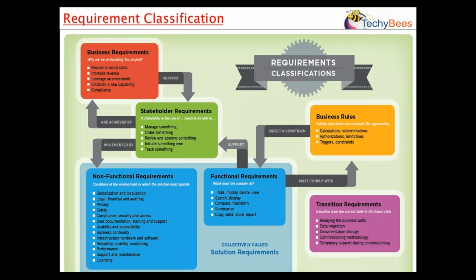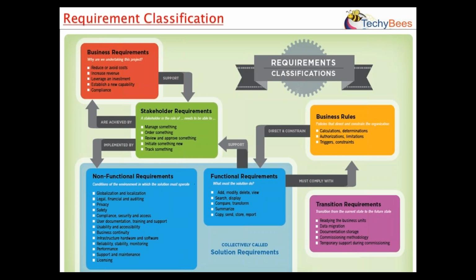So what are the various supporting requirements needed for proper functioning of the software? Globalization, localization, where the software is going to be used. Legal, finance and audit related requirements. Privacy and safety, security aspects, accessibility, usability: when to access, who's going to use it, how it is going to be used.